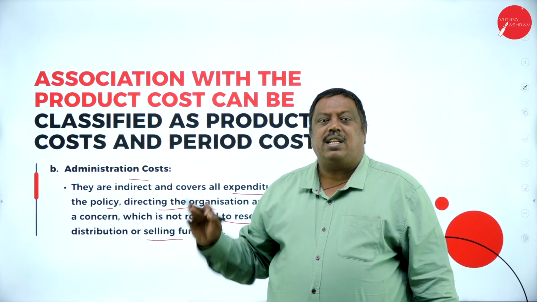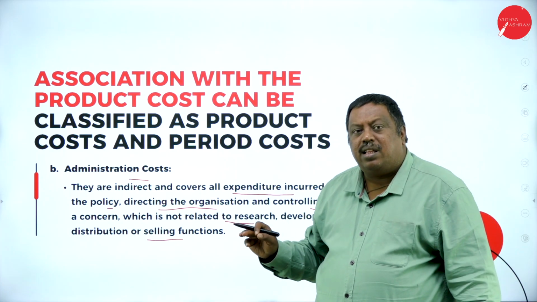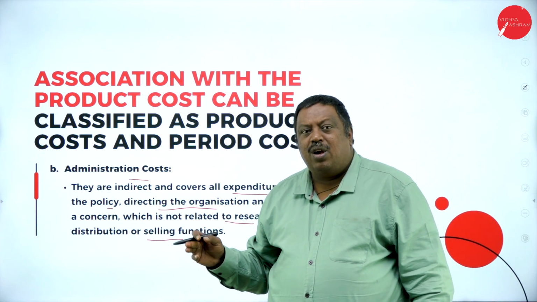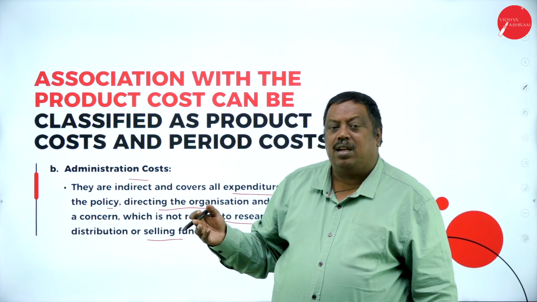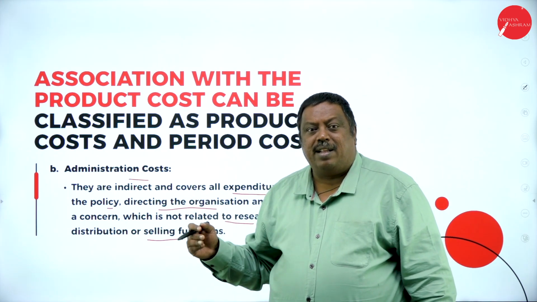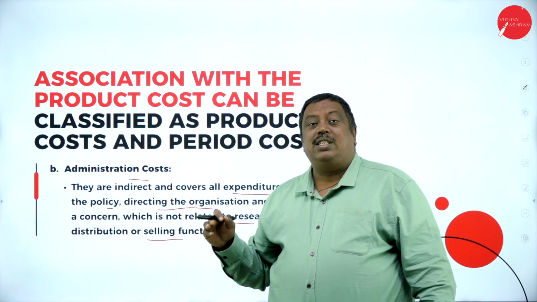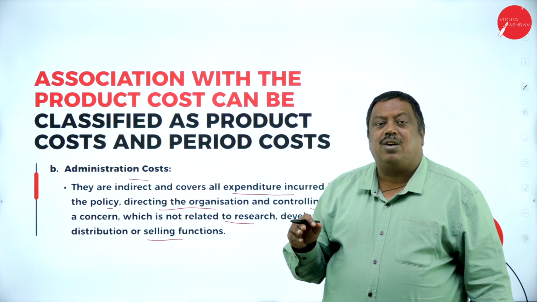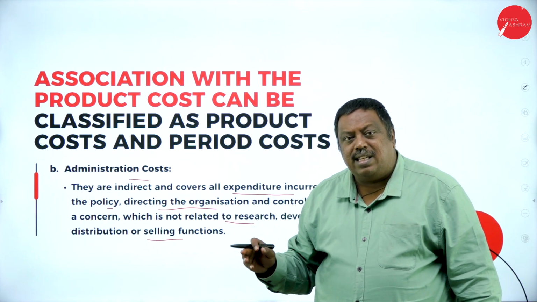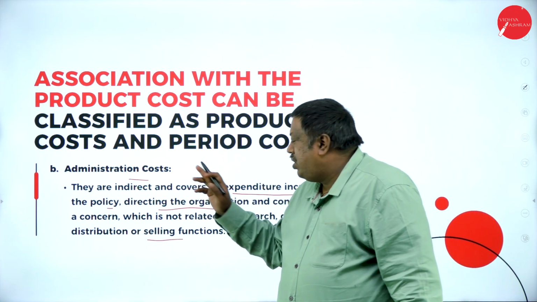For that reason, the cost which is not included in any other concept like production or selling cost, or in direct material, direct labor, and prime cost, is not going to include any policy formulation cost. It is totally different from other costs, and that is the reason it is considered separately with the name administration cost.